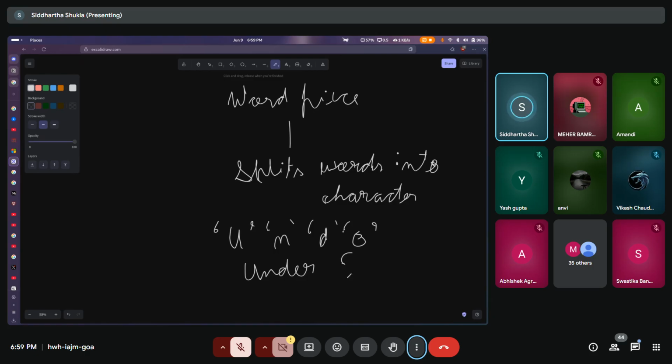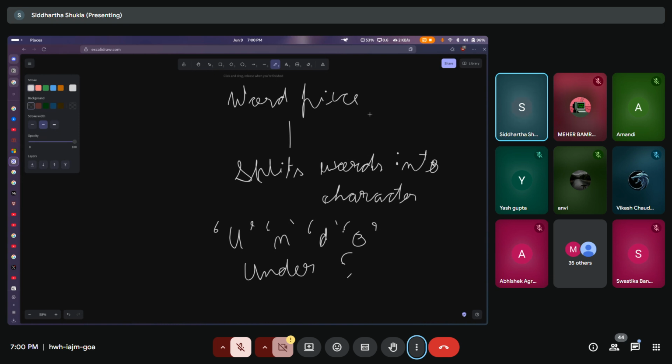WordPiece is used by BERT, as I told you, and it's very helpful when it's trained on a single language with clear word boundaries. This is very effective only when you're using a single language.